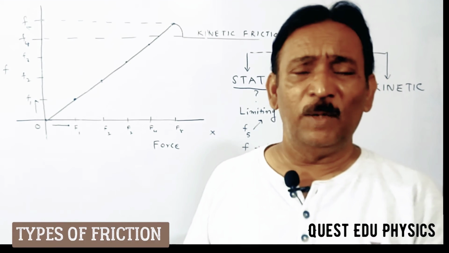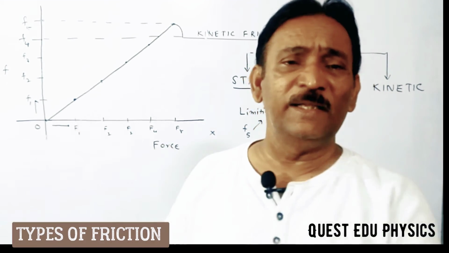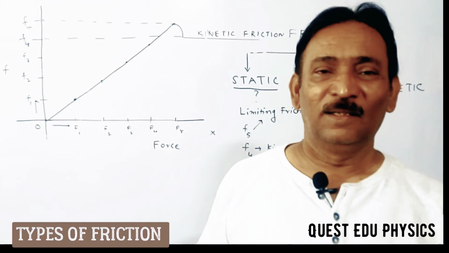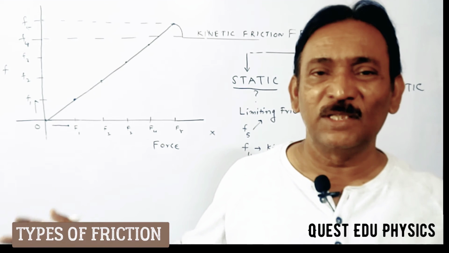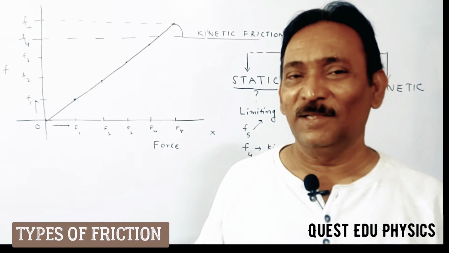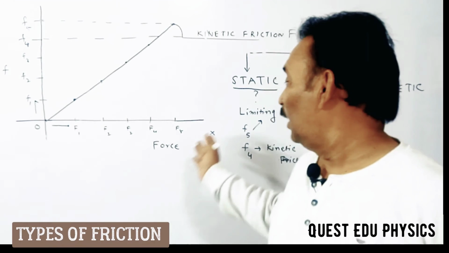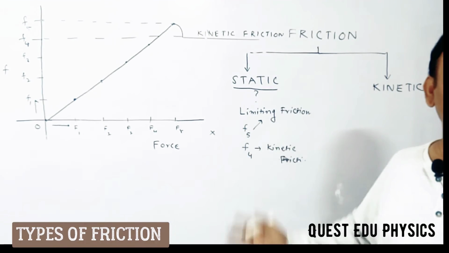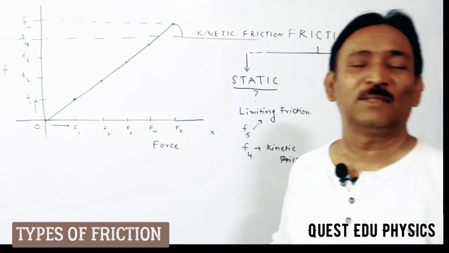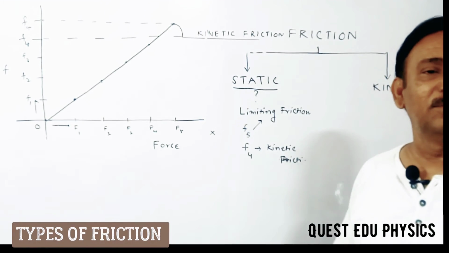Then only a few people can push the bus easily. Understand me, students? The people who push the bus initially are trying to reach what? The limiting frictional value. After that, a few people come out and some are only able to move the bus. That is the kinetic friction.